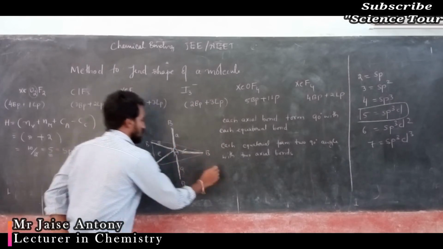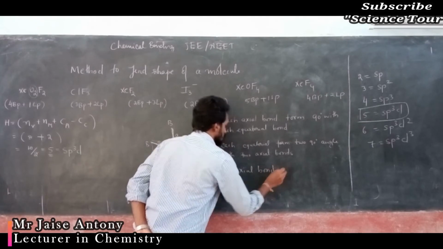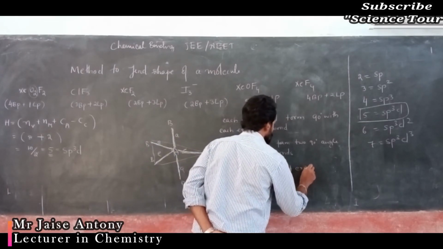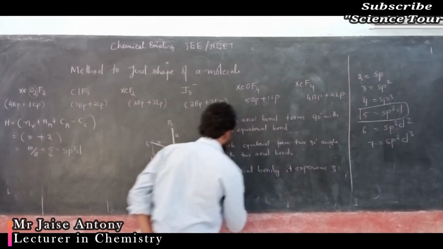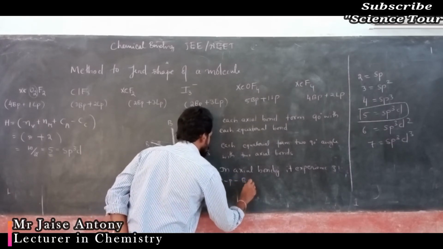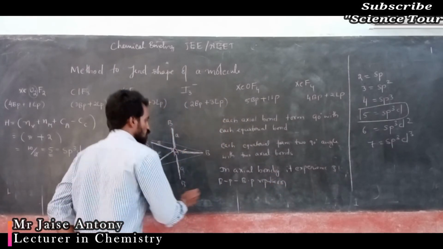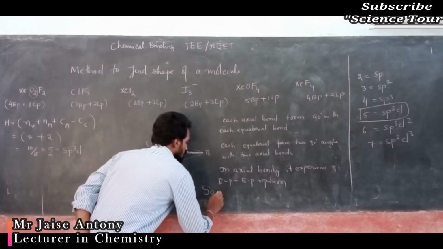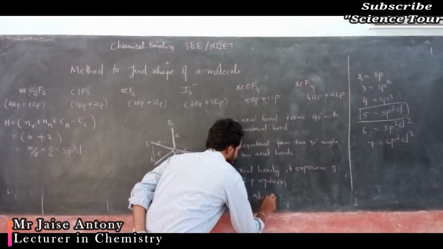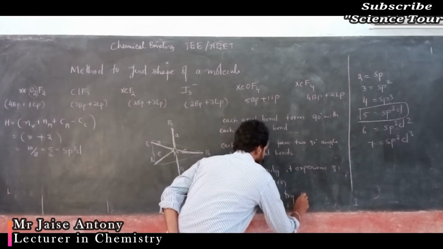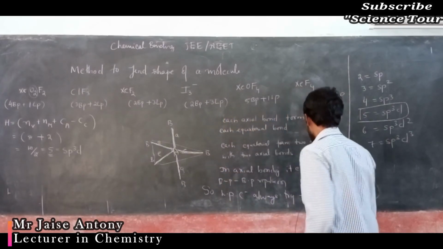In axial bonding, it experiences 3 bond pair repulsions. So a lone pair of electrons always tries to occupy the equatorial position.